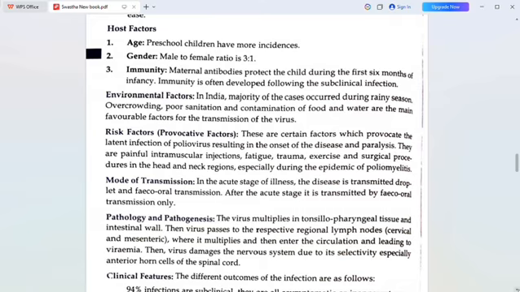They are painful intramuscular injections, fatigue, trauma, exercise, and surgical procedures in the head and neck regions, especially during an epidemic of poliomyelitis. These factors may not directly cause the infection but are responsible for having that infection.